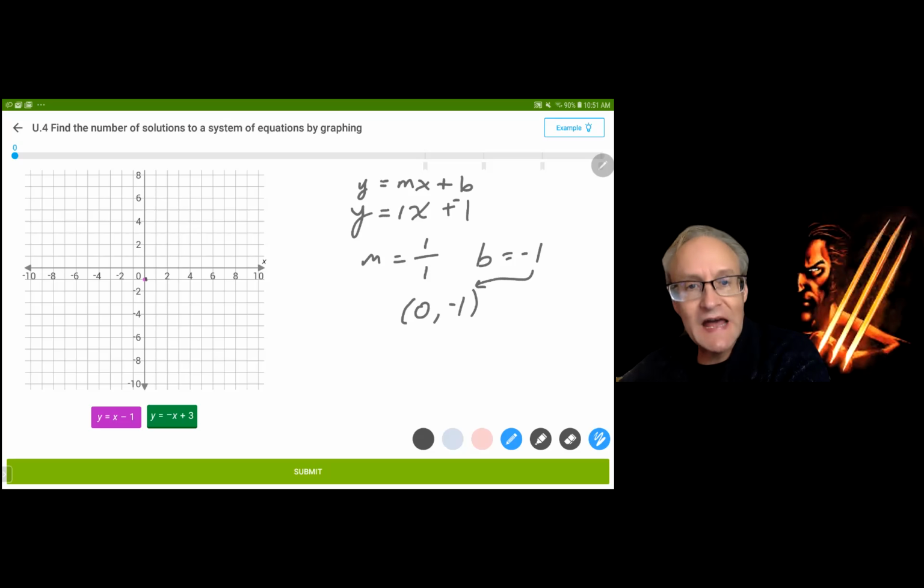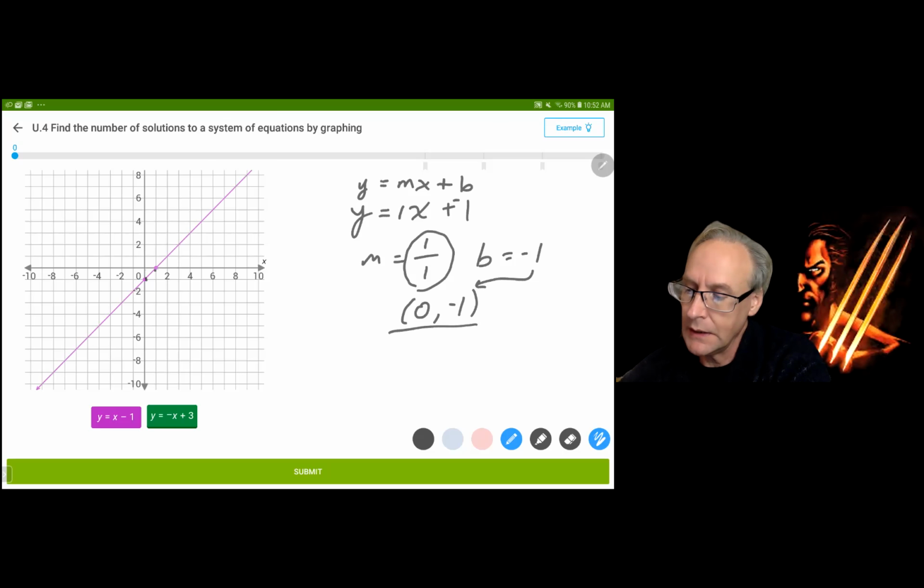And from that point, it's very important, you have to go from a point on the graph, then I can count my slope, which is up 1 over to the right 1. From here, I'm going to go up 1 and over 1, up 1 and over 1 and up 1 and over 1 and so on. Any one of these points is on the graph of this equation.